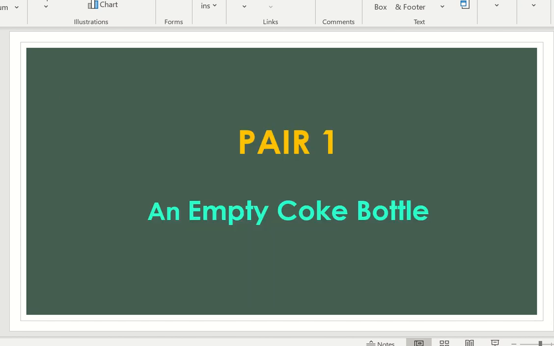For example, number one, what is it? I am selling an empty Coke bottle, and what is the purpose of this one? Okay, perhaps the purpose is that I could use this in order to resell to anyone who would like to buy empty Coke bottles.